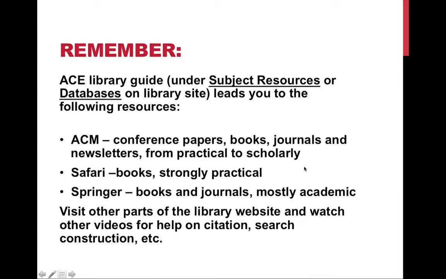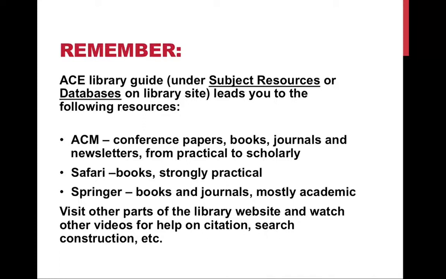ACM covers conference papers, books, journals, and newsletters. Practical to scholarly, a wide range just from that publisher. Safari focuses on books and is strongly practical in its inclination. Springer has books and journals, and it's mostly academic, I should have mentioned, but it covers a wide range of academic disciplines.